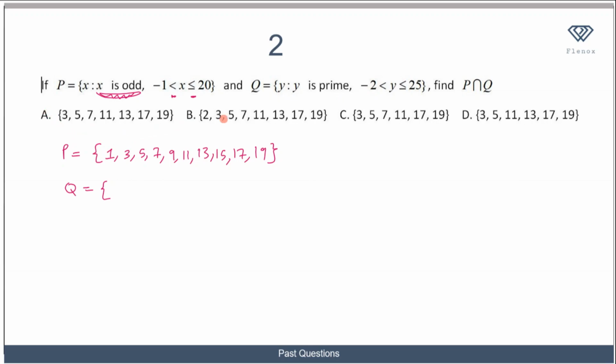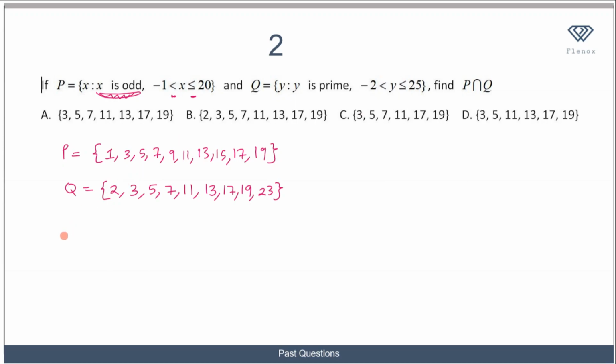So the first prime number we have is 2, then we know 3 is a prime number, then 5, then 7, then the next prime number we have is 11, then 13, then 17, then 19, then 23. So these are the prime numbers that exist between -2 less than Y less than or equal to 25.